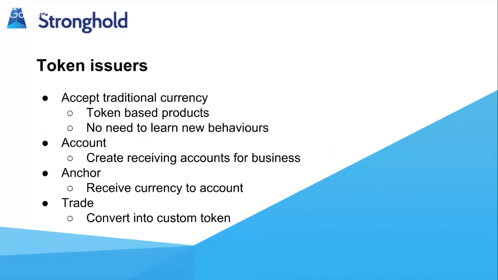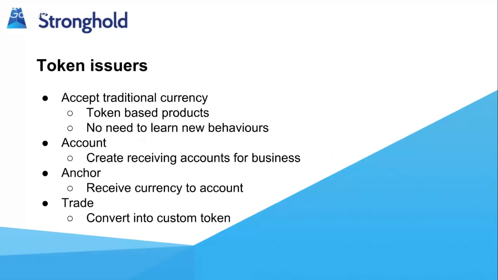So how would that work in this case? Using the create account API, you could create some receiving accounts for the business. You don't always have to create accounts for every single individual user. It depends on your need. And then you can use the anchor service to receive currency directly to the account.